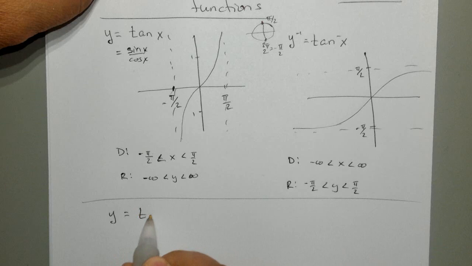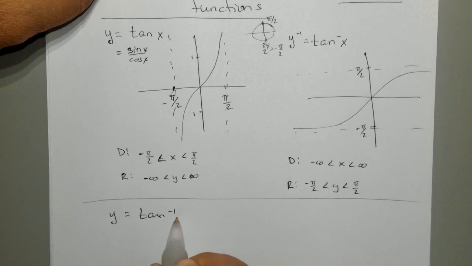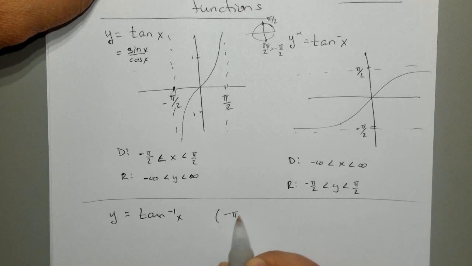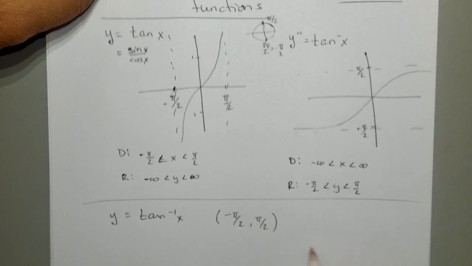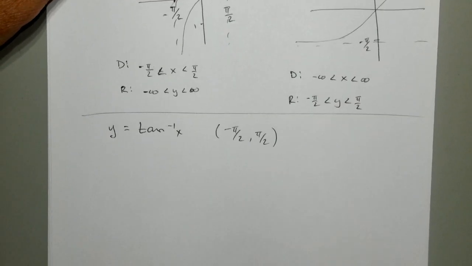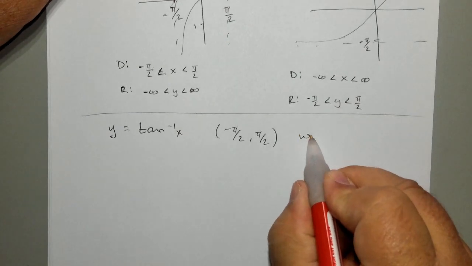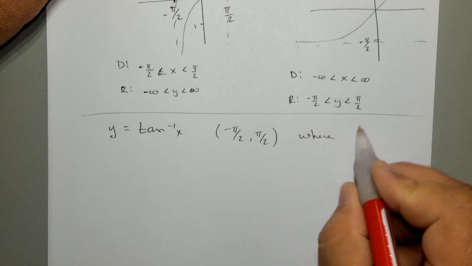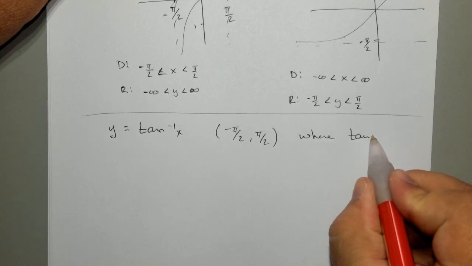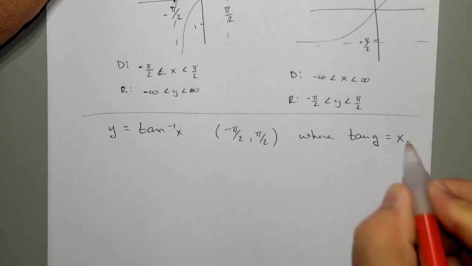Remember that the inverse tangent function is between pi over 2 and negative pi over 2. And it exists where the tangent of y is equal to x.